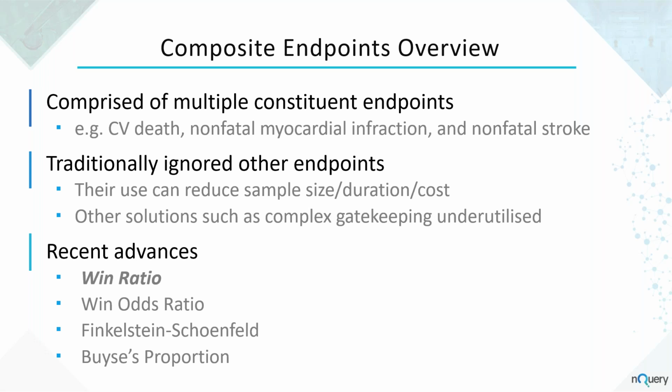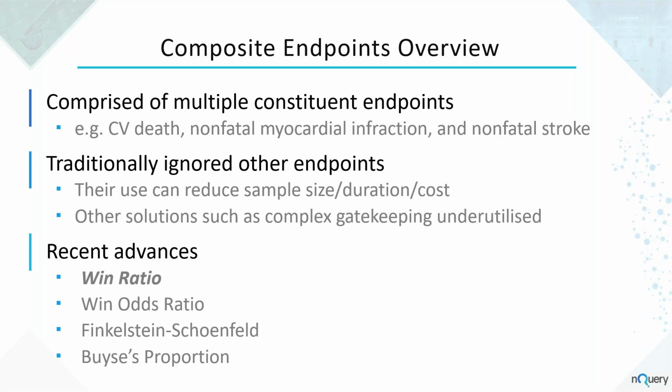So just to mention that there are existing methods which can deal with this type of data. One of the main ones that people might come across are complex gatekeeping procedures. However, these are very often underutilized, and they actually can be quite difficult to implement in some cases.